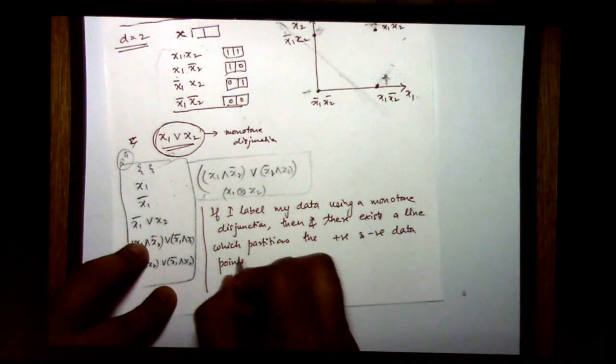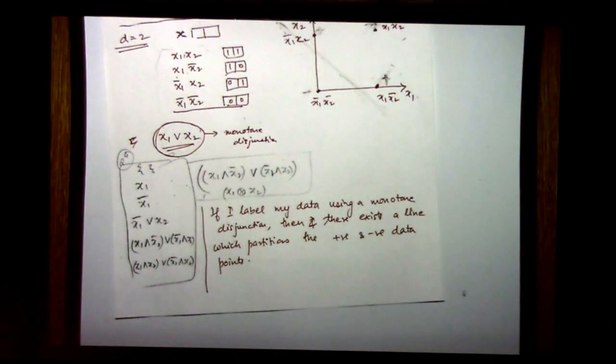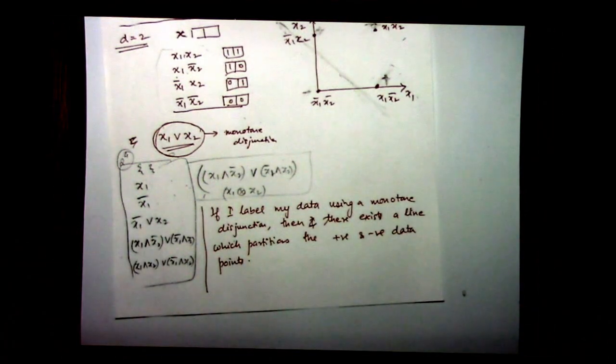So when I label my data points, I am kind of creating two partitions, and if they are being created by a monotone disjunction, then they will be separable. So go ahead.